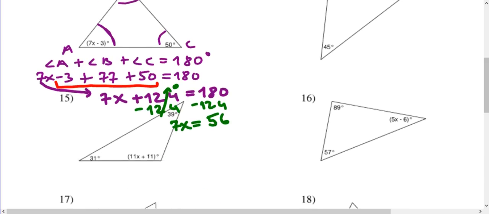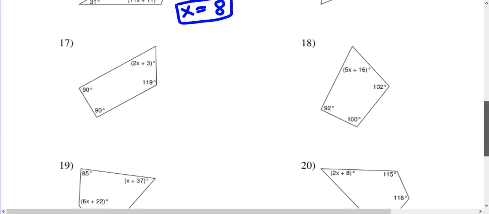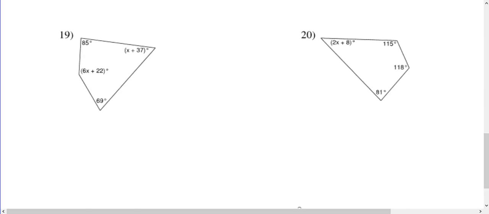The last step in most of these equations is that we divide both sides by the number next to x, which is 7 in this case. And we will get that 56 divided by 7 will be just 8. And that is it. We solved our equation. And most of these questions can be done like that. Quadrilaterals, you will write out the same expression except it'll be equal to 360. And that is it. Try to do as many as possible.